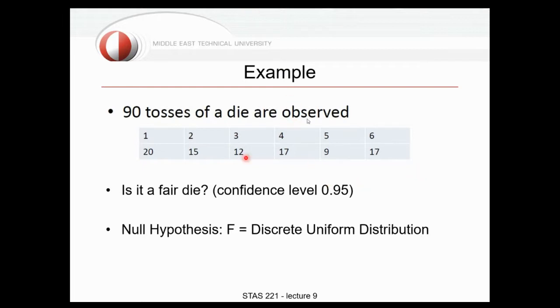All right, so what's our null hypothesis? We have this distribution, and we don't know which distribution it is. Is it a discrete uniform distribution? What do we mean by that? We already talked about the discrete uniform distribution. It means that all the probabilities for each of these numbers should be exactly the same, which was 1 over n.